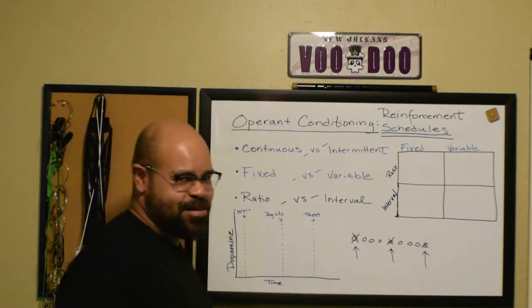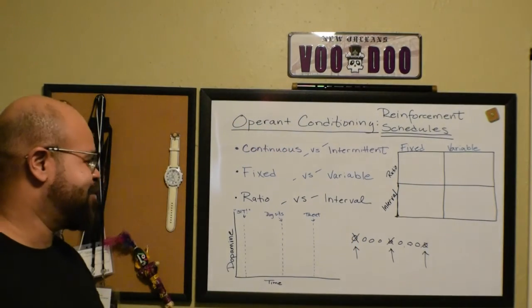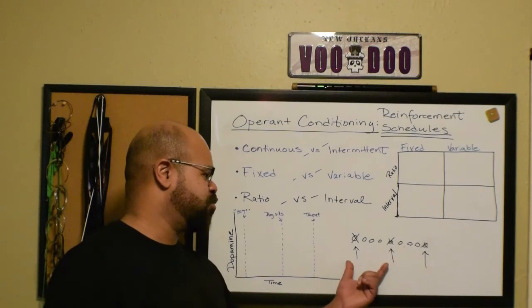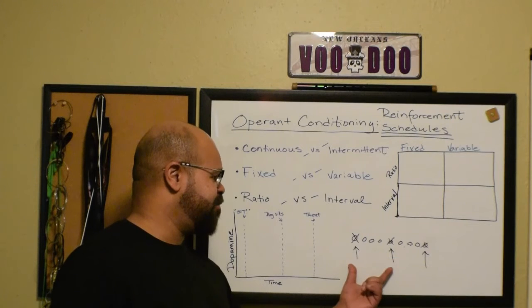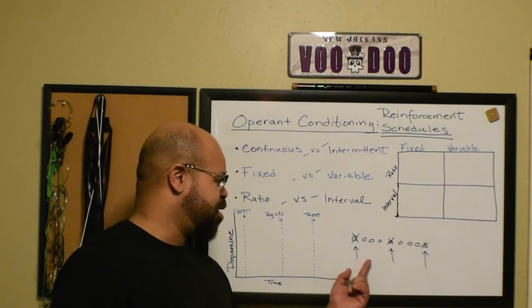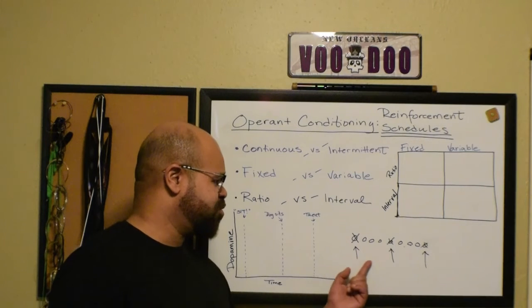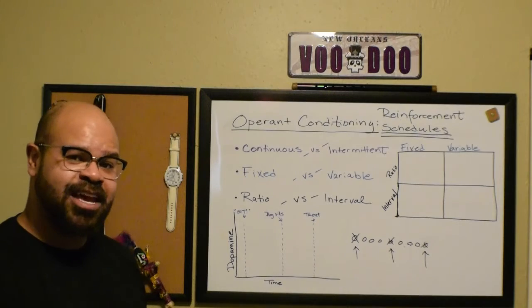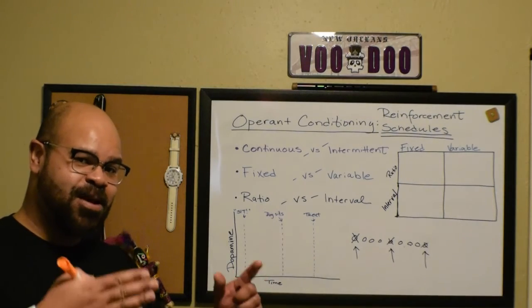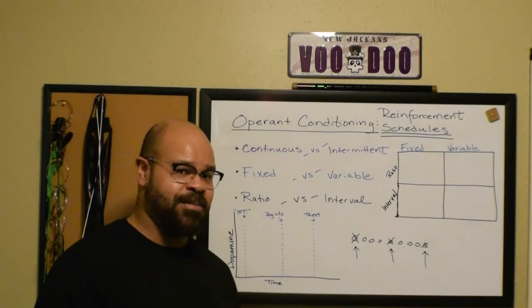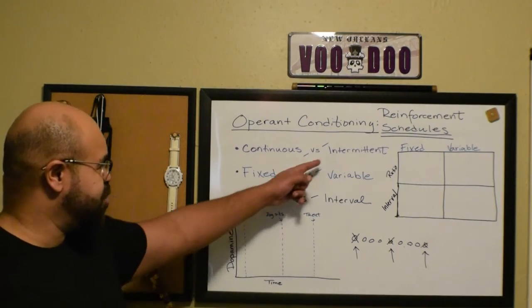I guess it's every fourth time, but I could give it to him every fourth time as well, right? And this is still a fixed schedule, right? Again, so what makes it fixed is that I'm always using the same space between. I'm always using the same amount of times or the same interval between times. I'm always using that same amount of time, that same number of times before I give a reward or a punishment, okay? So the fixed schedule can be intermittent.